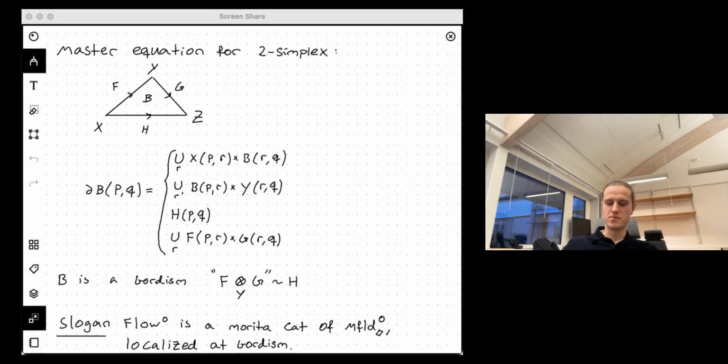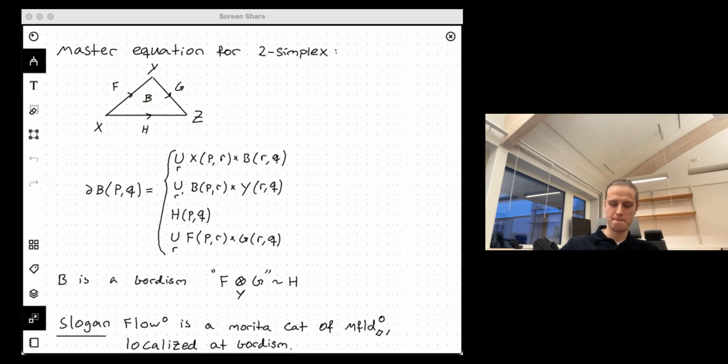First of all, to specify a two simplex, I have to specify its boundary. The boundary should consist of a flow category at this vertex, a flow category here, a flow category here. I should have the flow bimodules along the border. And now the question is, what should this guy satisfy? What kind of object is this B in here?